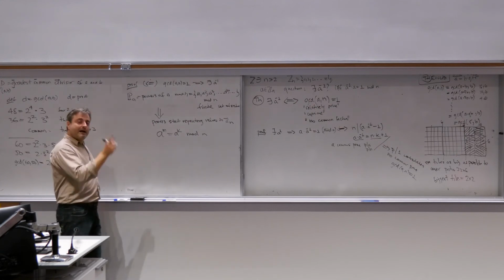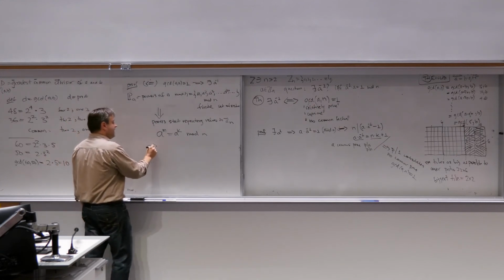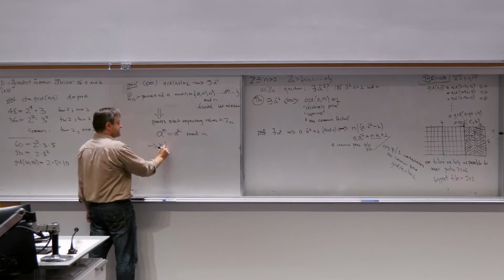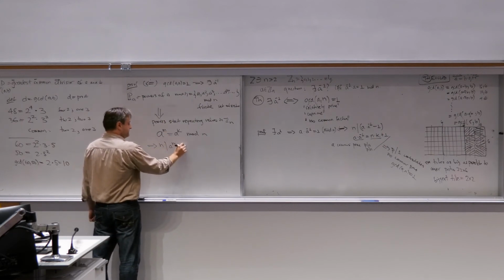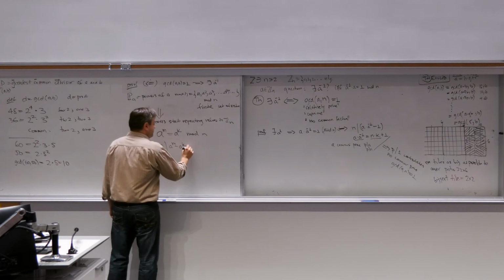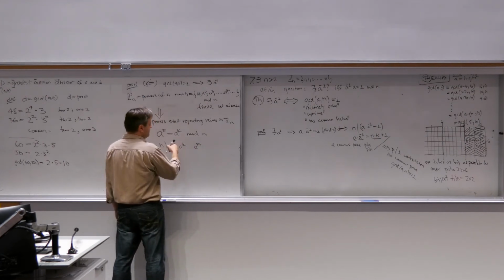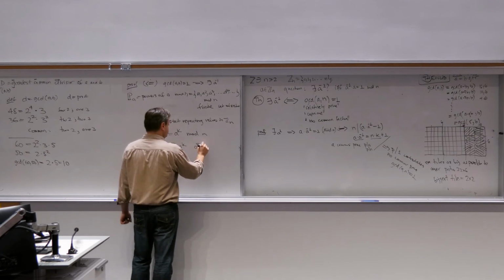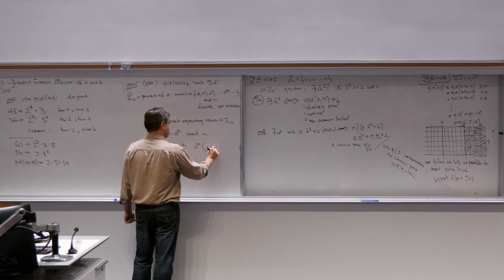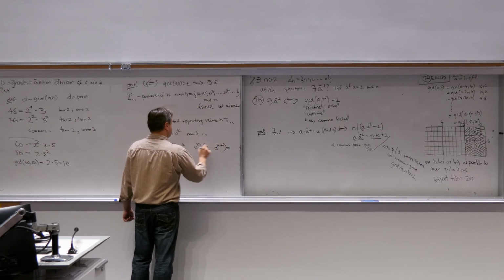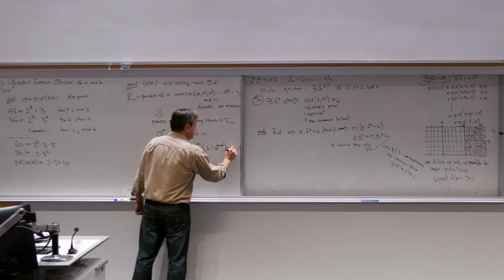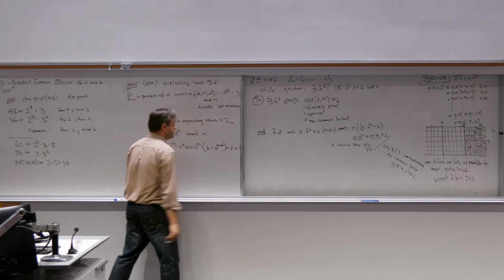So now I'm going to apply my first theorem. I'm going to say n must divide their difference. So I'm going to take a common factor. This is a^m and this is a^k minus a^m, a multiple of n.